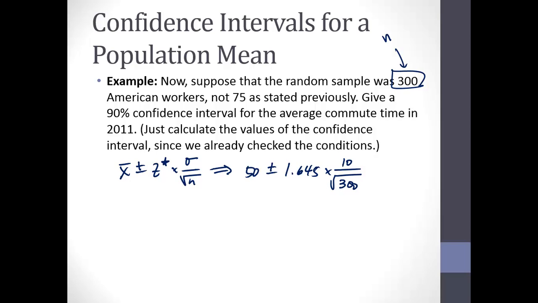So I'm just saying my sample went from 75 up to 300. What this gives me now is 50 plus or minus 0.95, or 49.05 to 50.95 minutes.